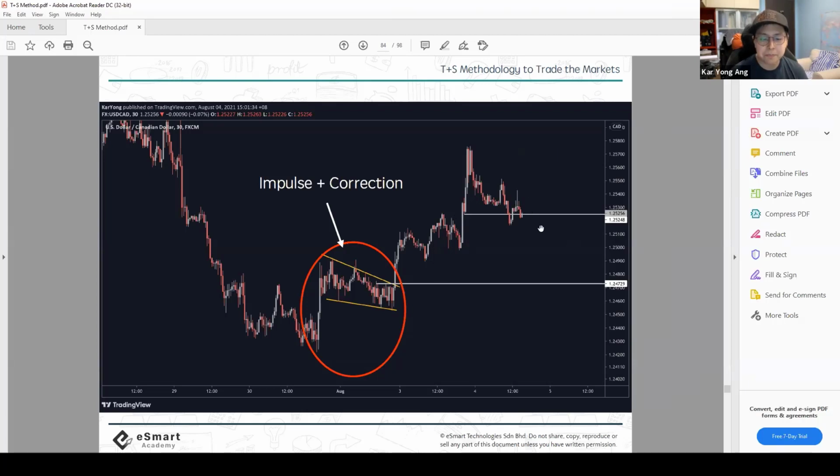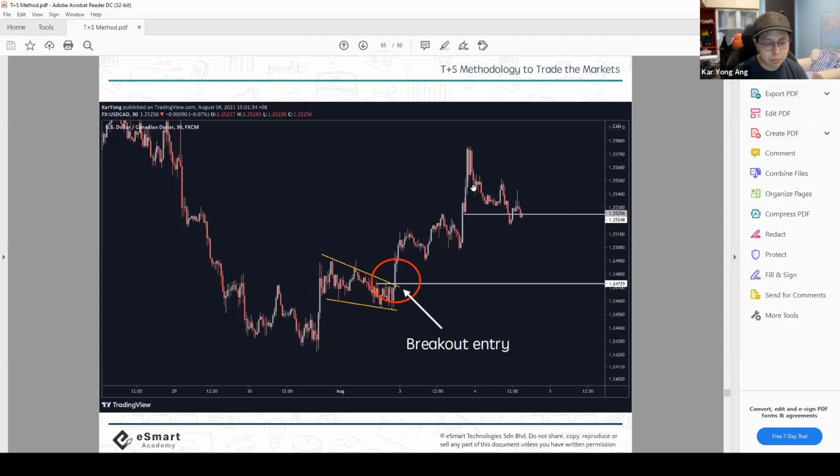So we exited here at 1.2525. That's how I want you to see the technical give you the direction as well. Impulse correction, you look for an upside, and the seasonal data tell us this is the window. Look out for it. That's how we combine T plus S. That's the breakout, and of course that's the trailing stop.